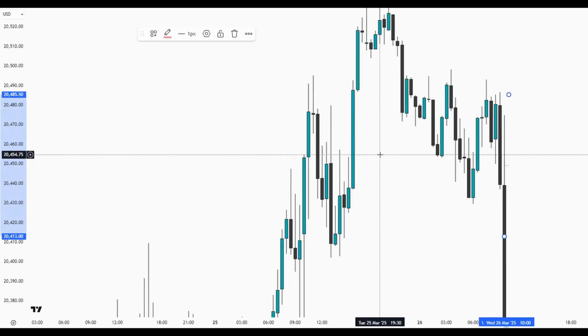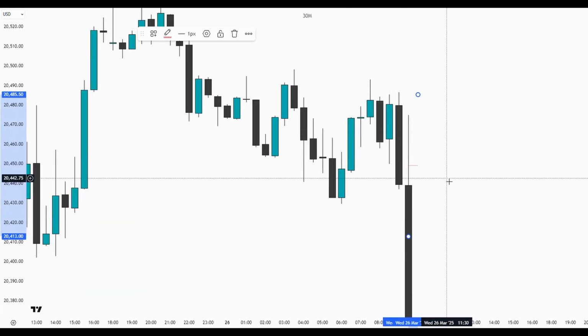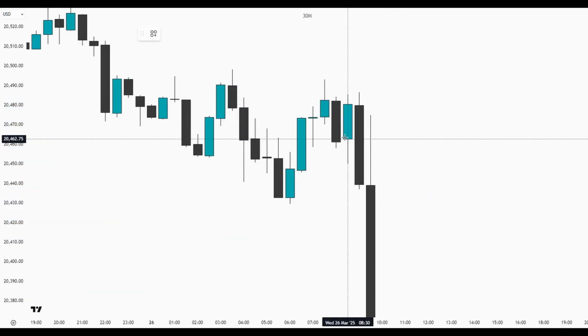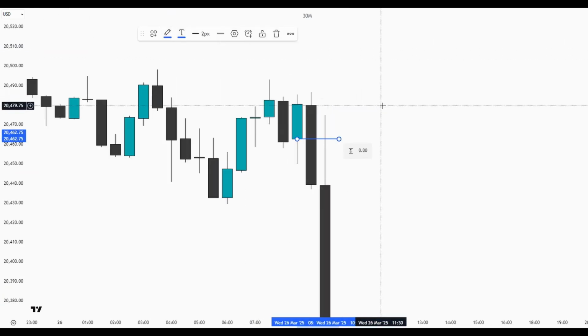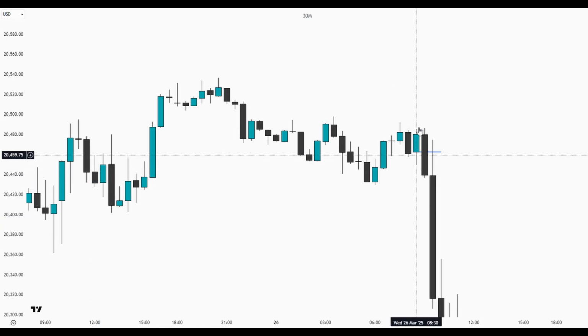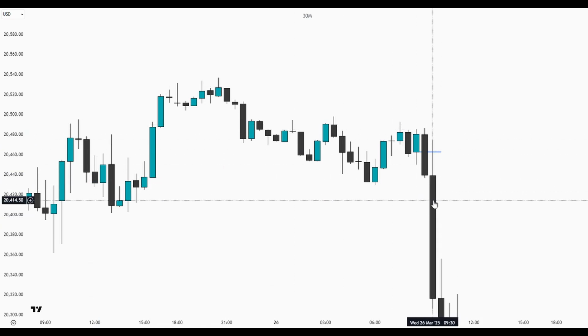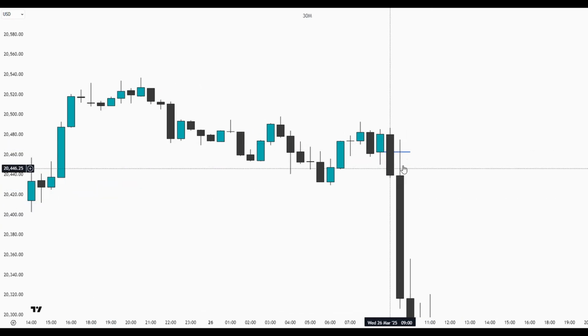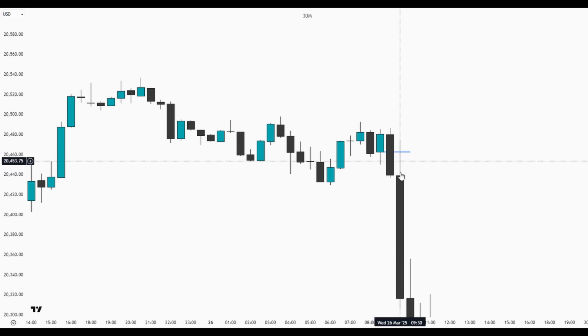Going to the 30-minute time frame, we can see right here, price tapped into the 30-minute trailing state delivery. We're now rejecting from that trailing state delivery. So what I'm thinking about next is finding a potential entry in this to go lower.